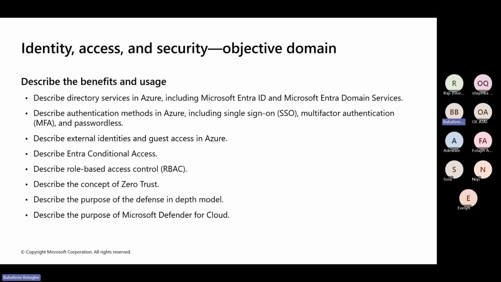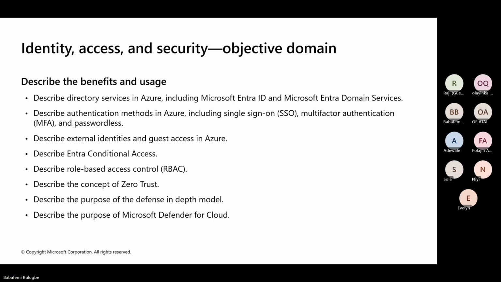So you are putting a condition to say, if users are trying to access this application from this location, please do not allow. So the technology in Azure behind that particular thing is called conditional access. So we'll talk about it.